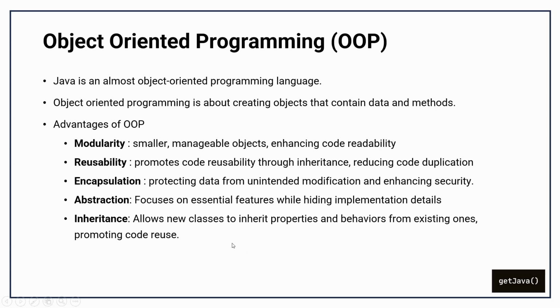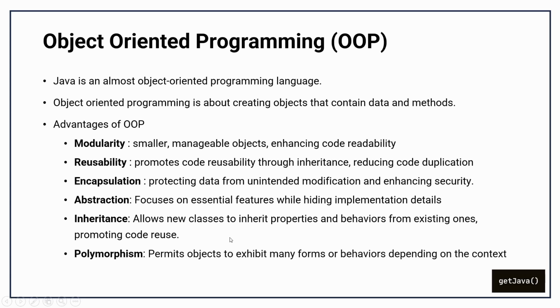Let's see the next advantage, polymorphism. It permits an object to exhibit many forms of behavior depending on the context. One object can behave in different ways depending upon the context. What it means? For example, if we consider real life, the same person can have different roles. If he is at home, he can be a father, he can be a brother.